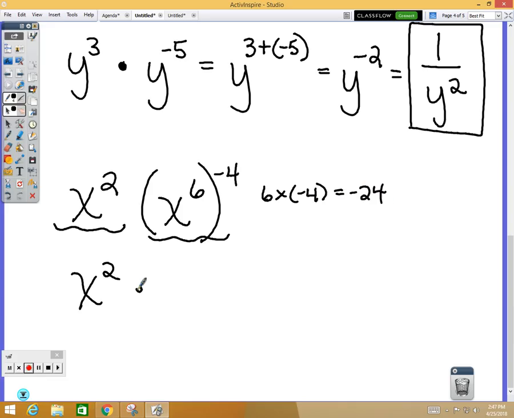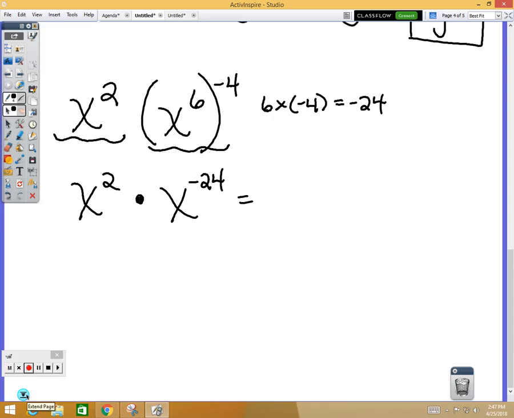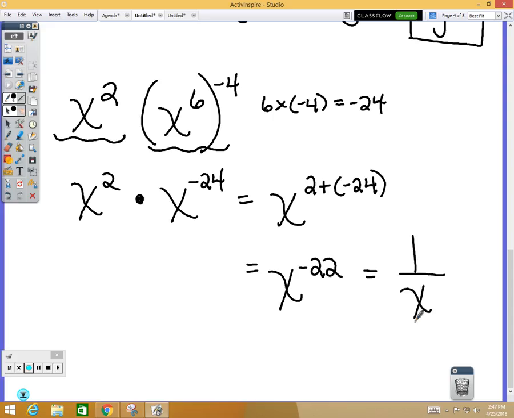So that's going to give me x to the negative 24th power. And then my next step would be to keep my base, x, and add my exponents, 2 plus negative 24. That gives me x to the negative 22nd power. And we want to end our answer with only positive exponents, so I'm going to move that to my denominator position. There it is. 1 over x to the 22nd power.